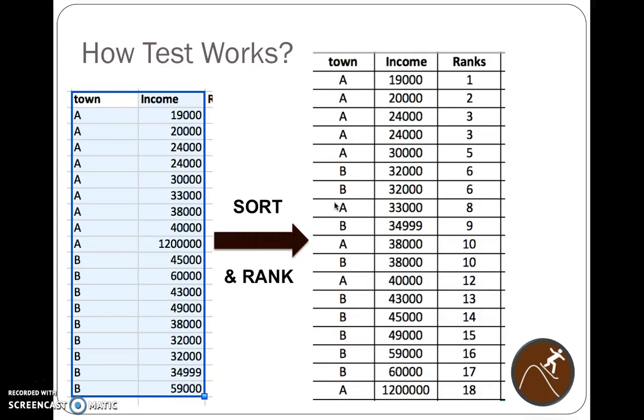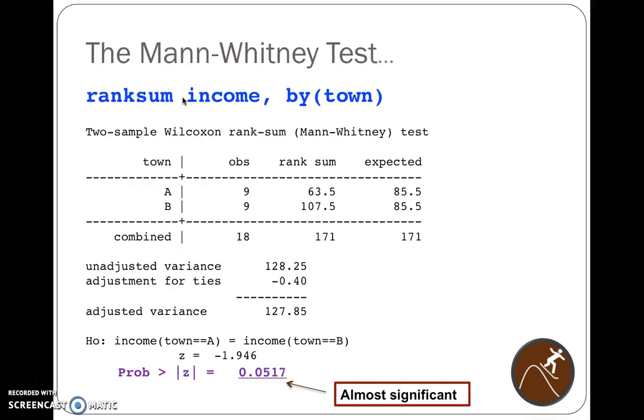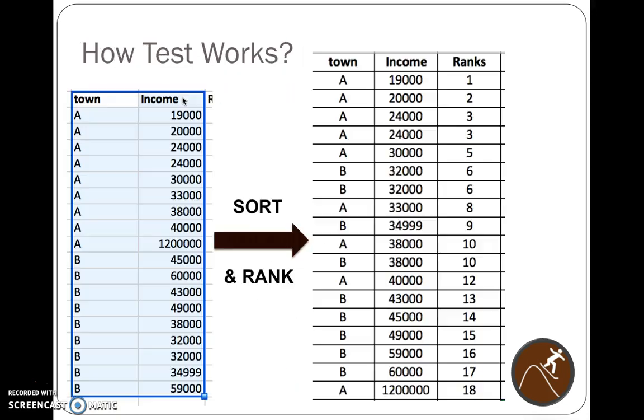So for me, the way I tend to want to work is I would take town A and town B's data. I would sort it. You could sort it in like Excel or whatever. You don't need to sort it because Stata, by doing that command, does all this for you.